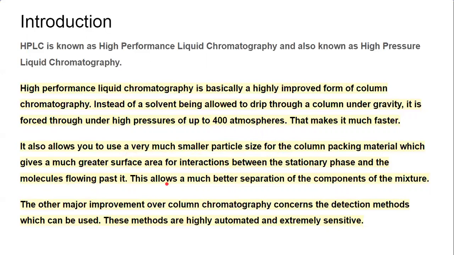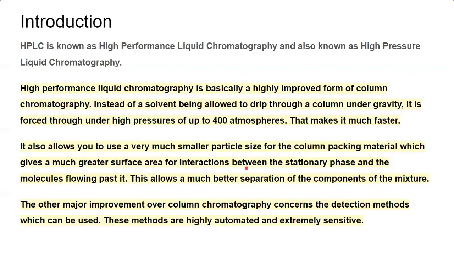So compared to ordinary column chromatography, in HPLC the column is prepared using very small and finely divided solid, that is silica. Generally here we use finely divided silica. The small particle size of that silica enables greater surface area.